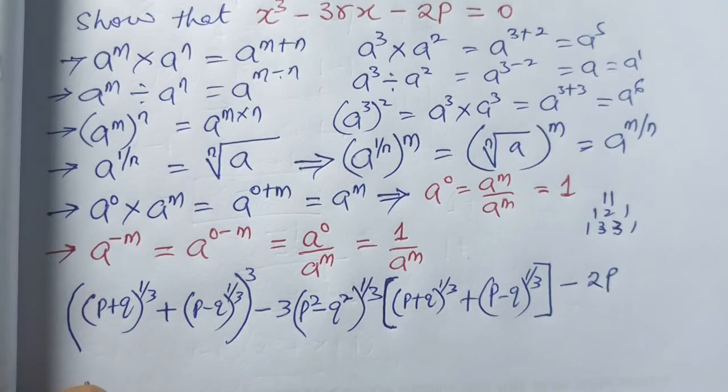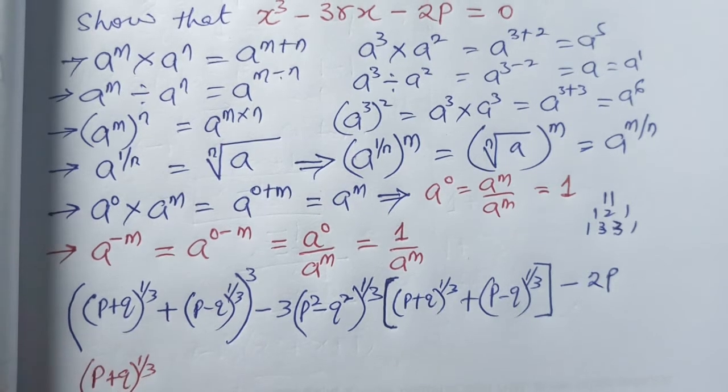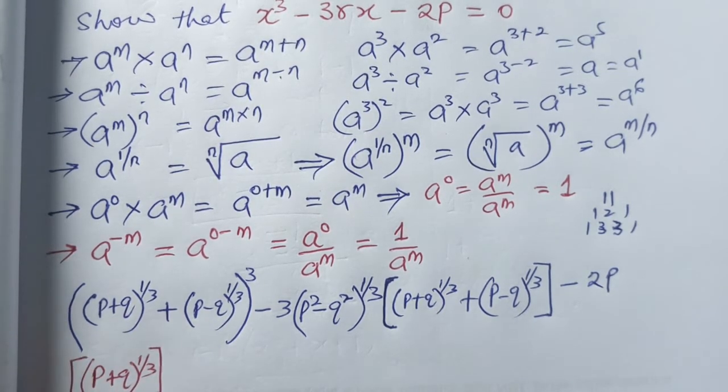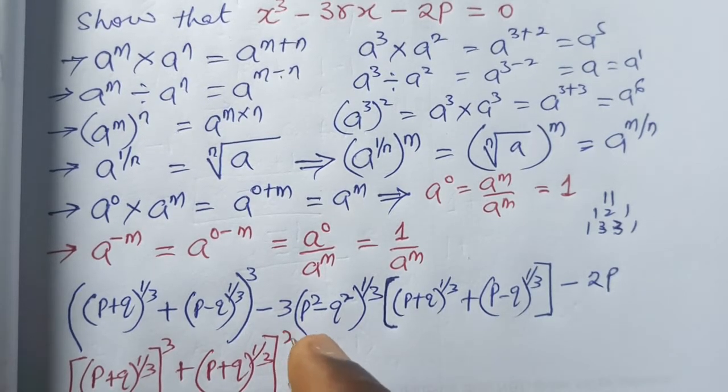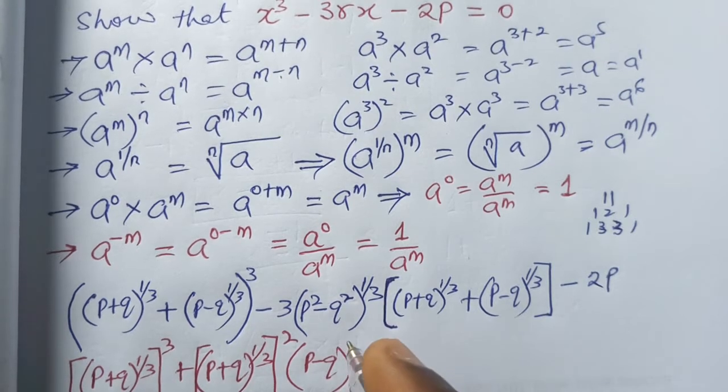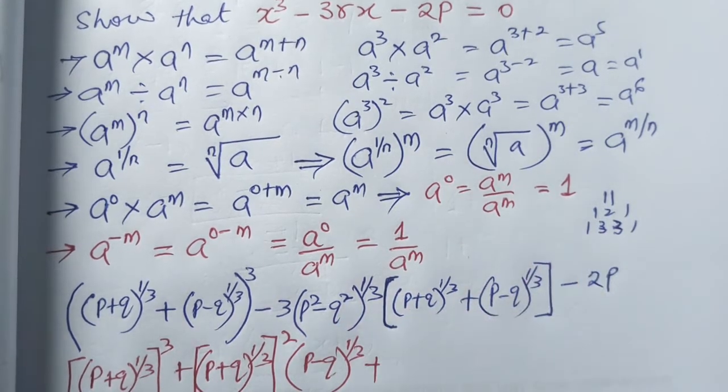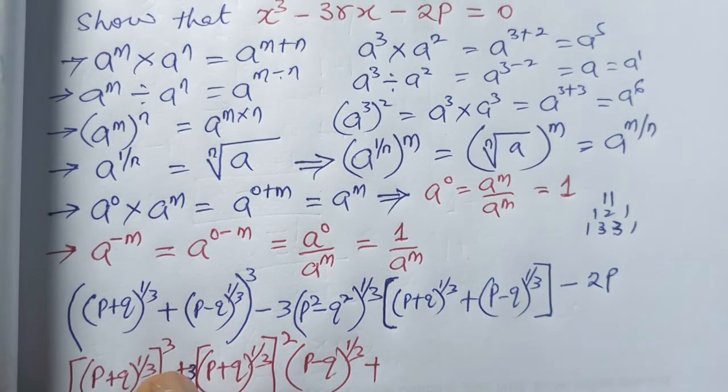We have (p plus q)^(1/3) all cubed, plus 3 times (p plus q)^(1/3) squared times (p minus q)^(1/3), because of these coefficients.